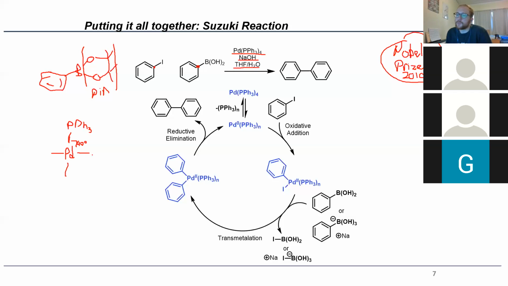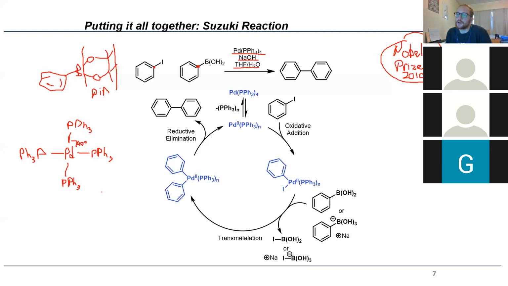With 4 triphenylphosphine ligands bound, it cannot do oxidative addition. It's too hindered, and it needs open coordination sites in order to do that.